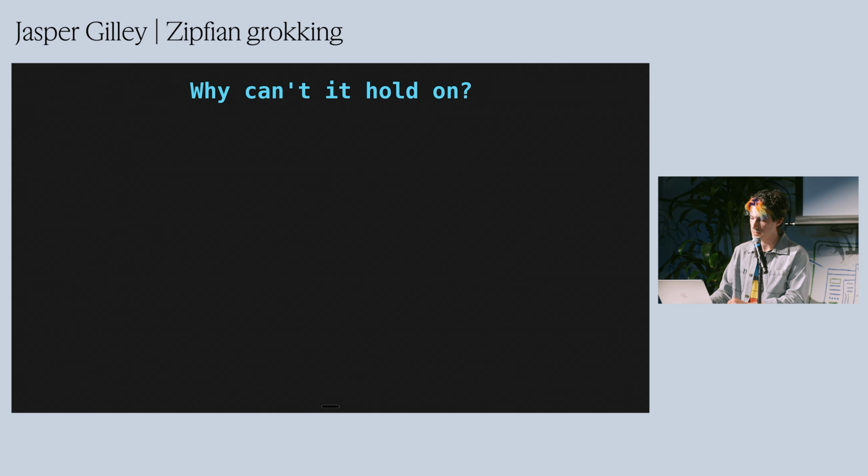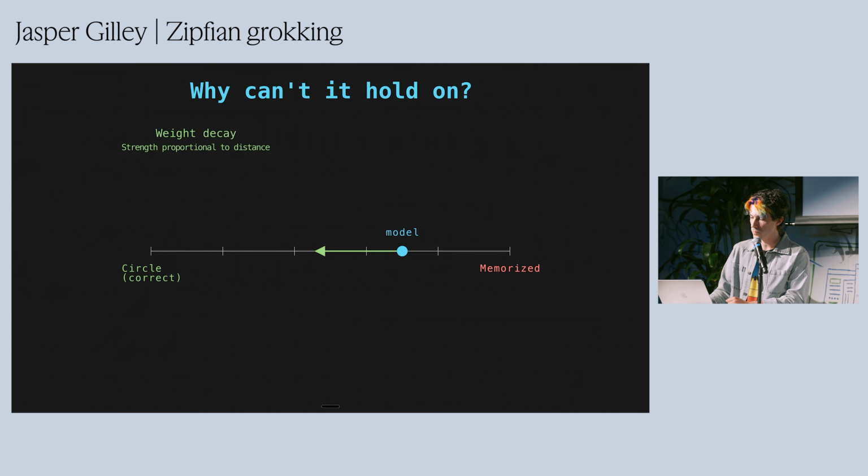So why should this be the case? We have to look at the 2 forces that are acting on the model here in terms of where the gradients are pointing. One points towards the correct answer, which is generalization, and one points toward memorization. The force pointing towards the correct answer is weight decay, as discussed earlier, and the force pointing towards memorization is this Zipfian gradient that we've discovered.